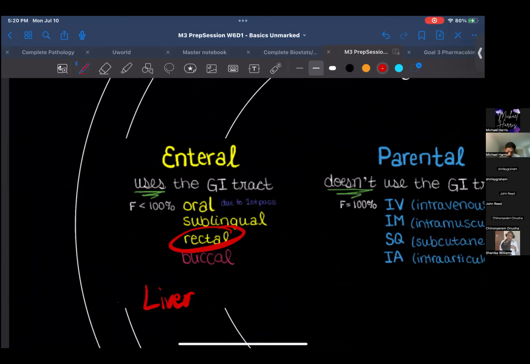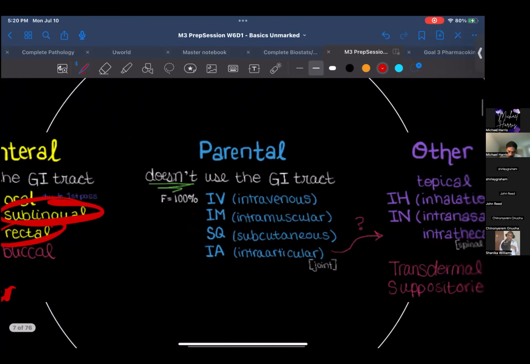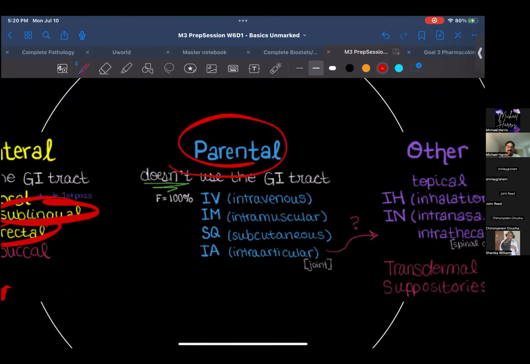Or sublingual, because sublingual goes into the venous circulation outside of the liver. Okay, good. Now, parenteral is not going through the GI tract. This is taking a syringe and sticking you with it and injecting it into your body, either via syringe or via an IV line.